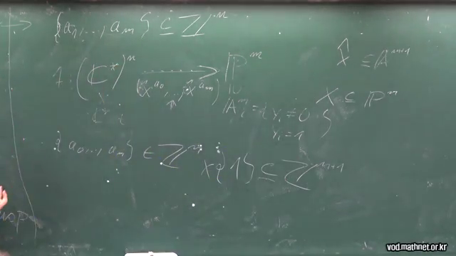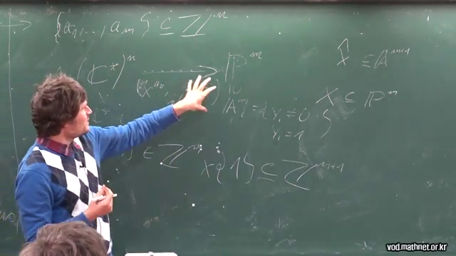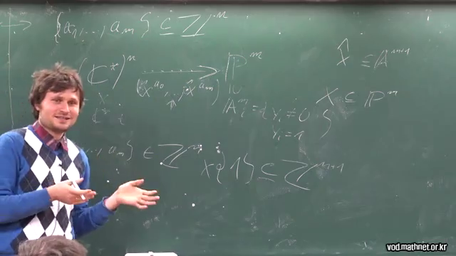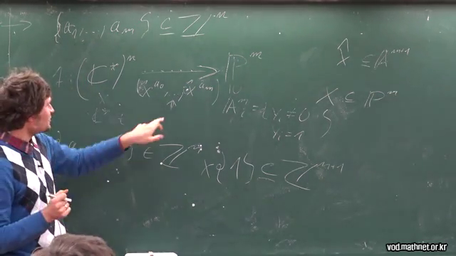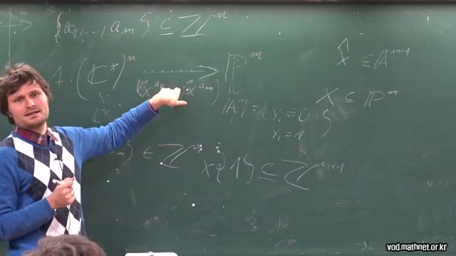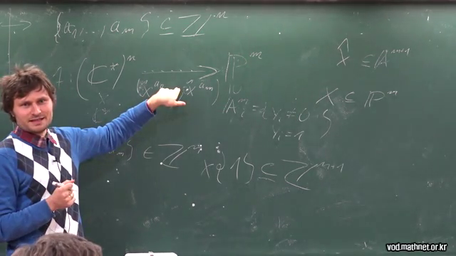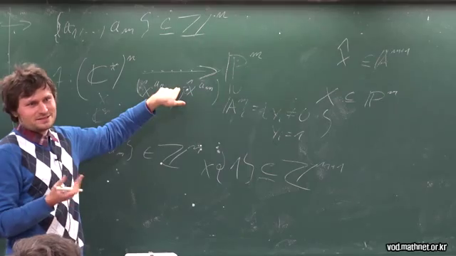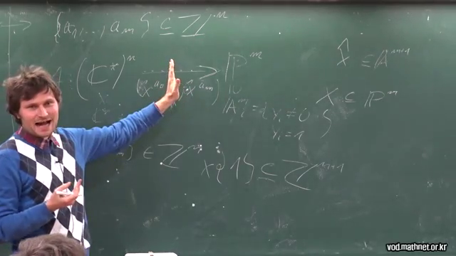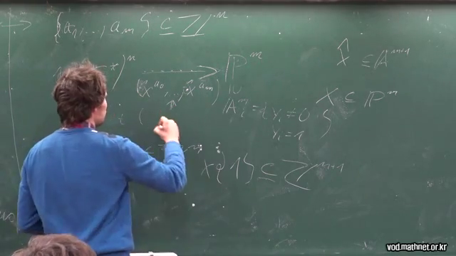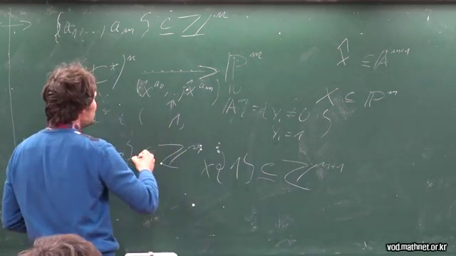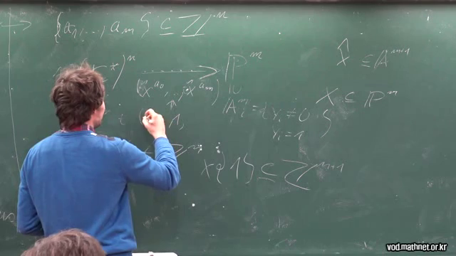So the question is, can we somehow, on the one hand, change this map, and on the other hand, not change the image in such a way that there is a 1 on the ith coordinate? Well, there is a usual trick. You divide by the ith monomial. So what will you get if you do this? You will get a 1 here, but those other things will change.